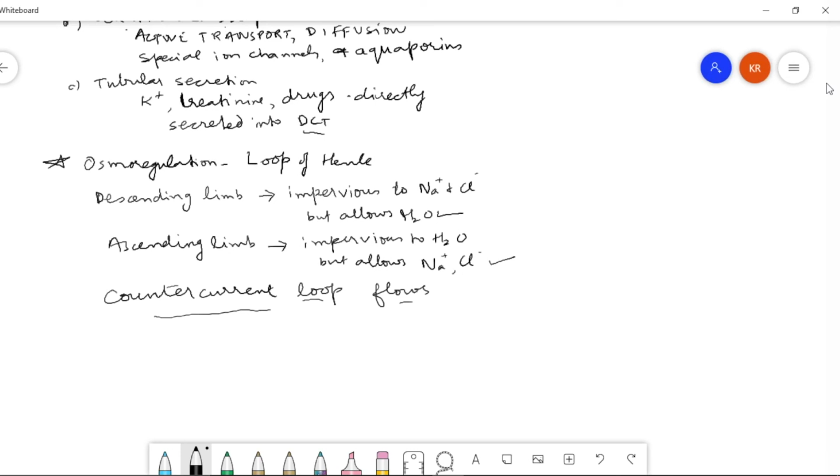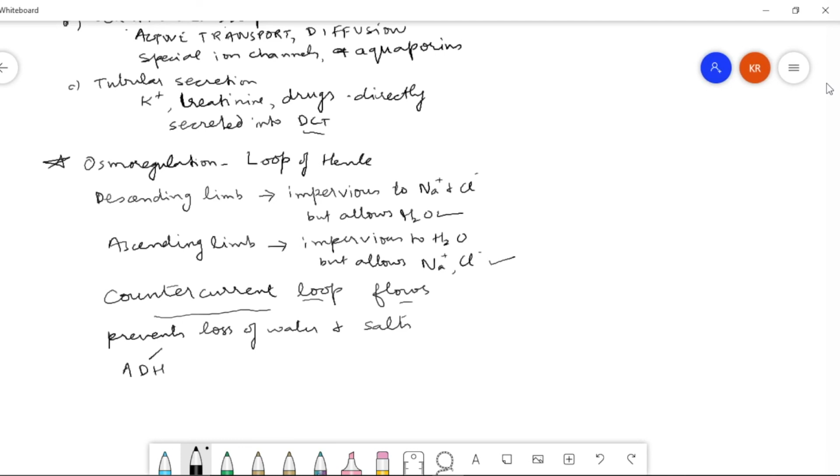That is why there is a loop, and that is how this structure has evolved, and this has been adapted because it is very successful. What happens is that it prevents loss of water and salts. It means NaCl.